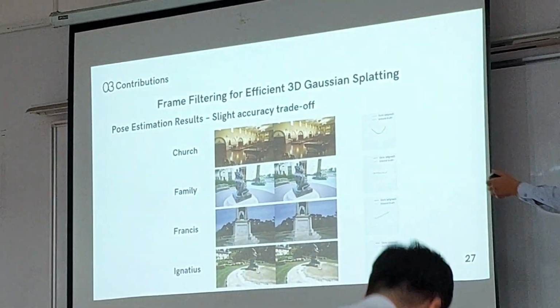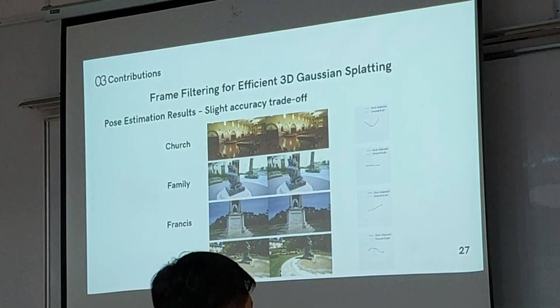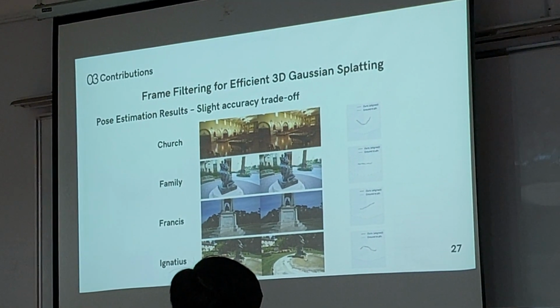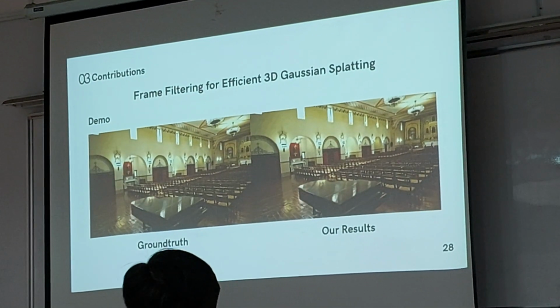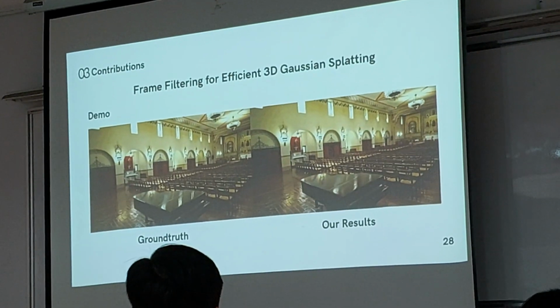On the left-hand side is the ground truth, and on the right-hand side is our rendered image. The training camera poses are well aligned with ground truth. And here are some demos of our reconstructed scenes.